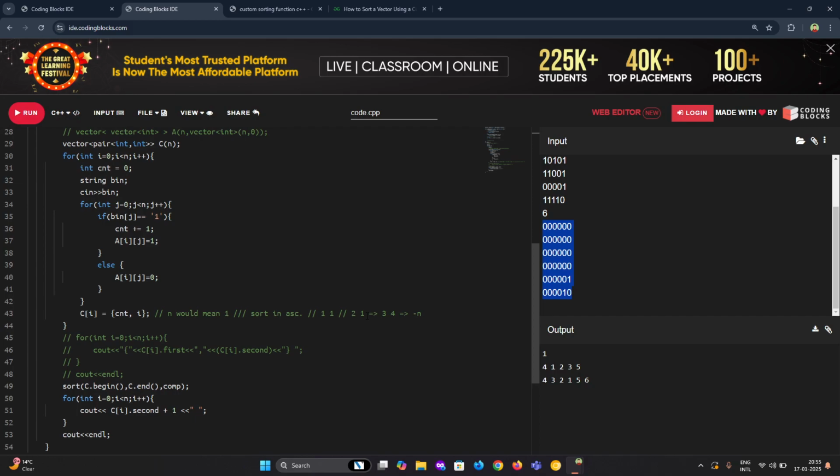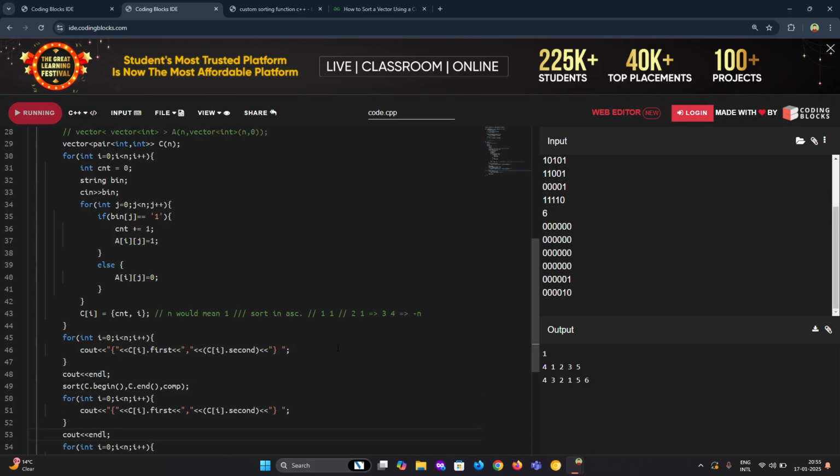Fucking comparator. This is the last step.